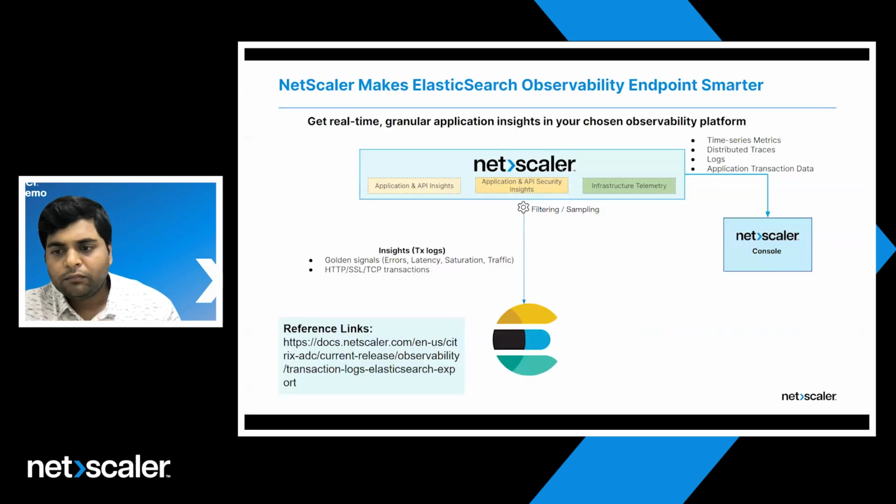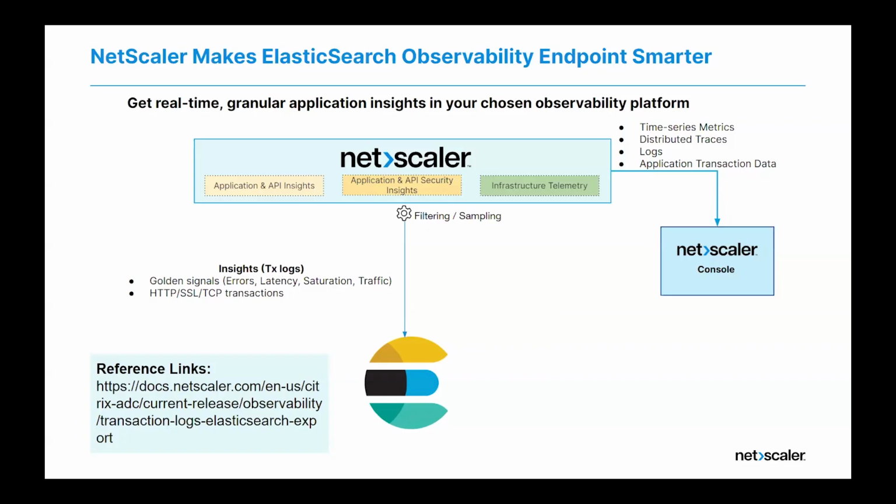Yes. So just to summarize, today's topic is our Elasticsearch integration, for which we have selected 2 or 3 use cases to showcase. However, there are many different use cases that NetScaler is able to provide across applications, API insights, security insights, and, for NetScaler itself, infrastructure telemetry.